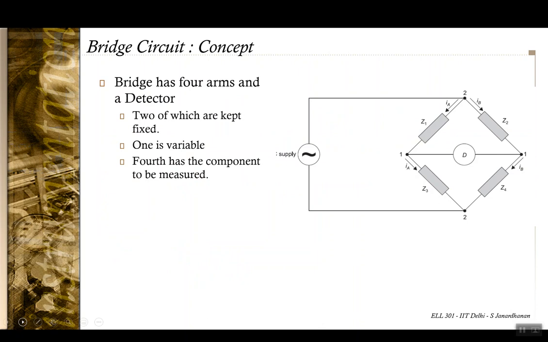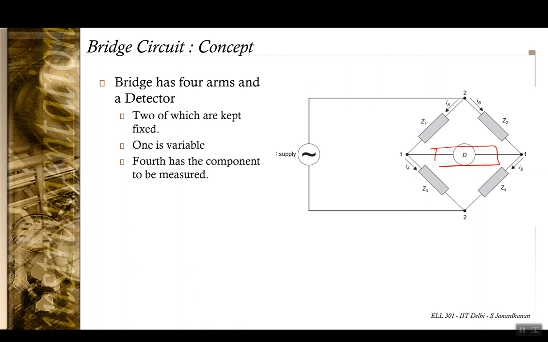Now let's refresh the concepts of a basic bridge circuit. In the bridge circuit, you have a bridge which has 4 arms, and there is a detector connected across the arms. Two of these arms are kept fixed, their impedance does not change. One of these arms would be variable, and the unknown component that is to be measured is typically kept in the fourth arm.